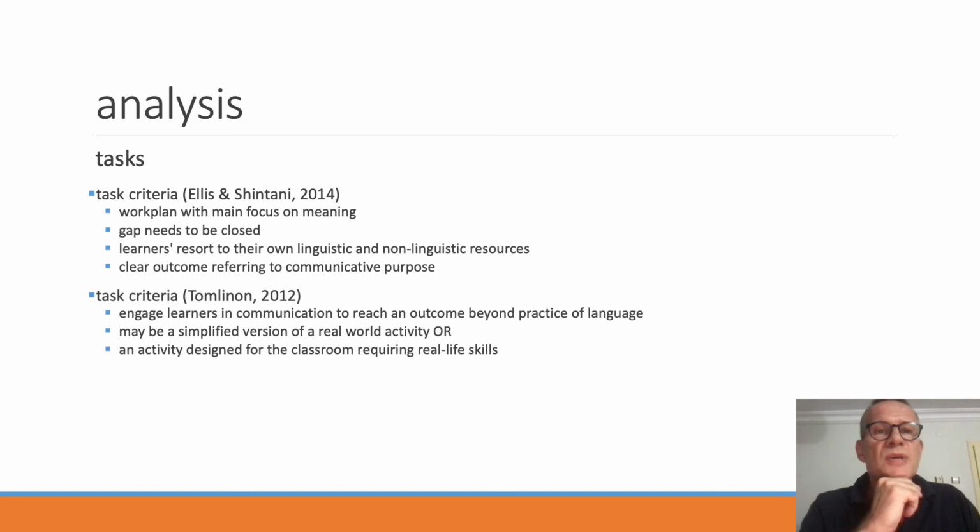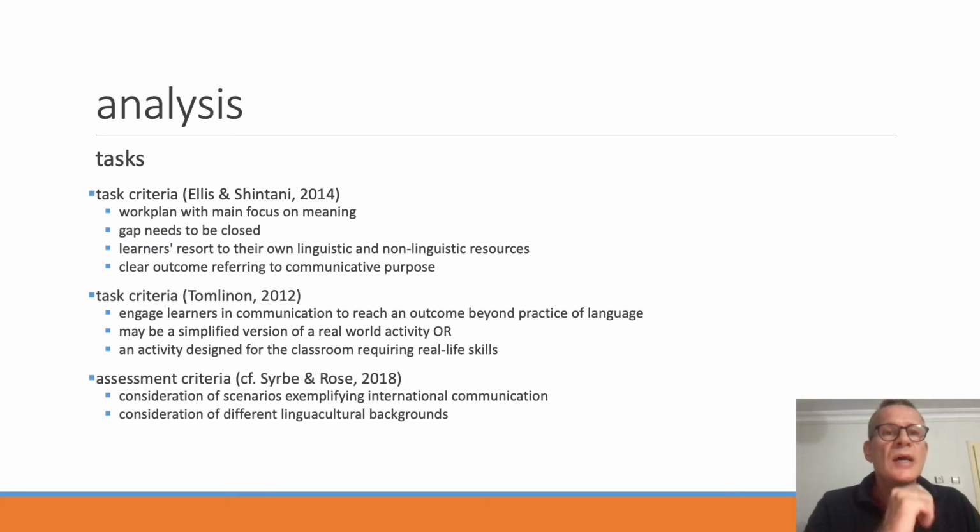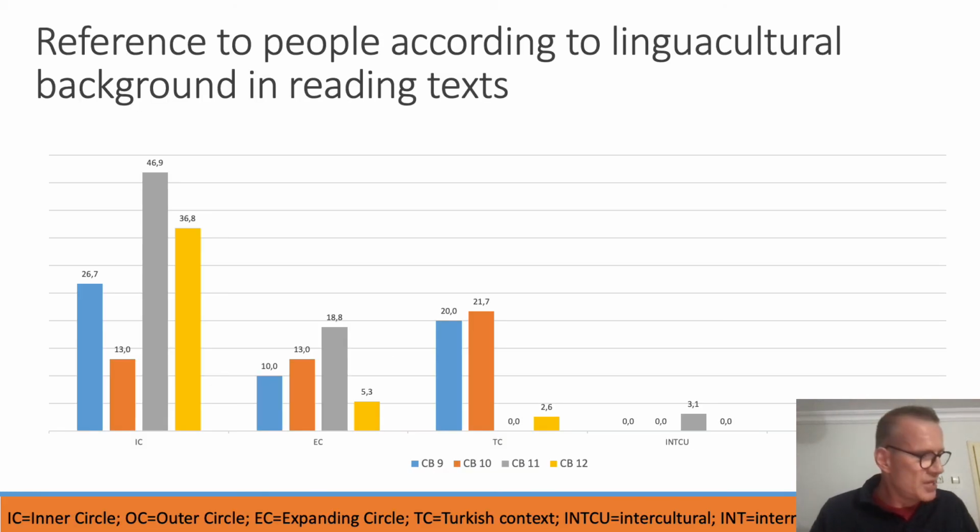A task may be a simplified version of a real-world activity, or an activity, sometimes also called pedagogical task, designed for the classroom. And as assessment criteria, I was interested if these tasks consider scenarios exemplifying international communication and if different linguacultural backgrounds are shown.